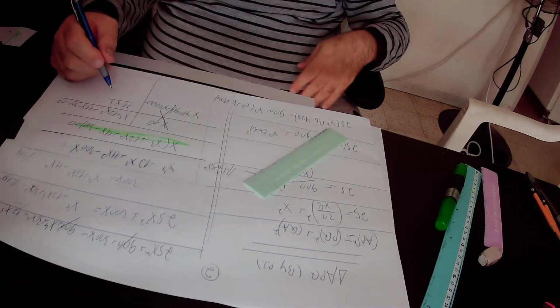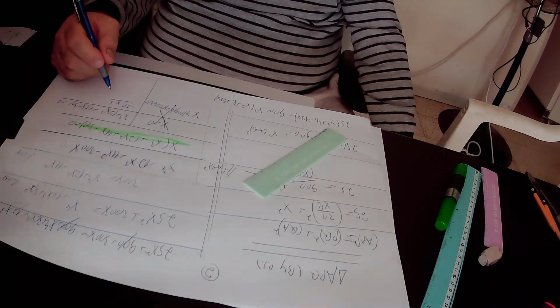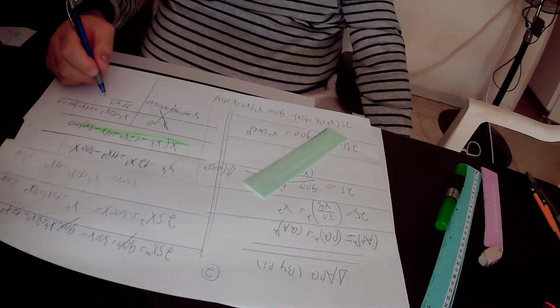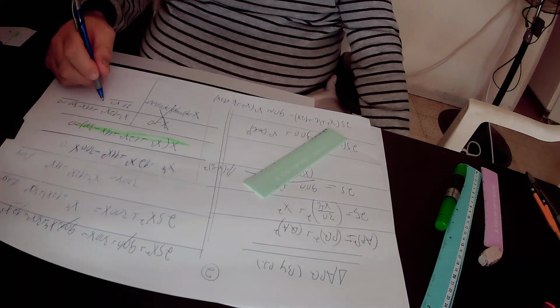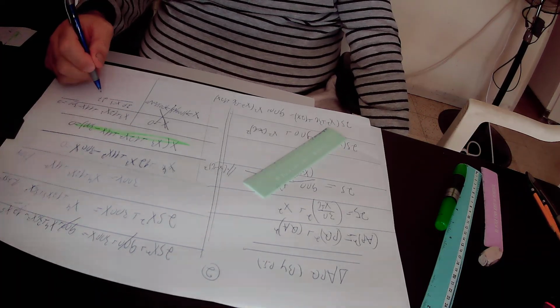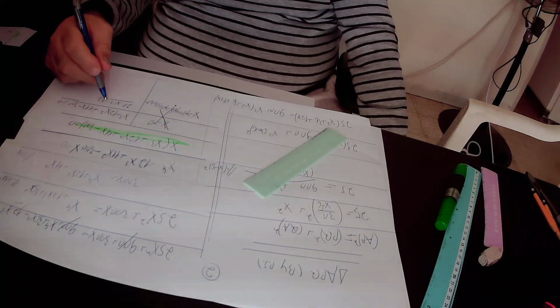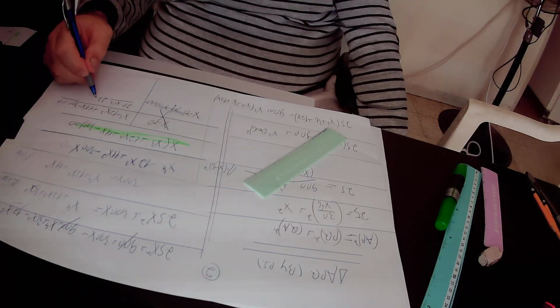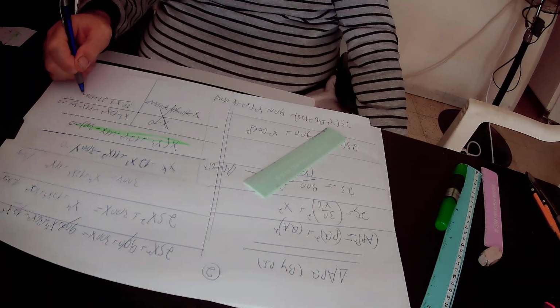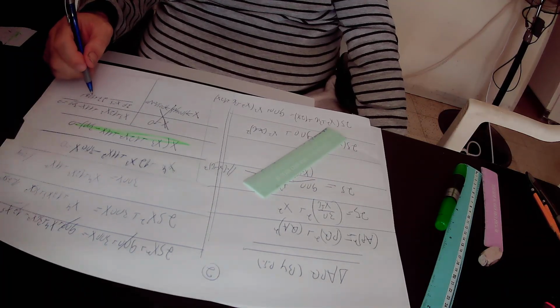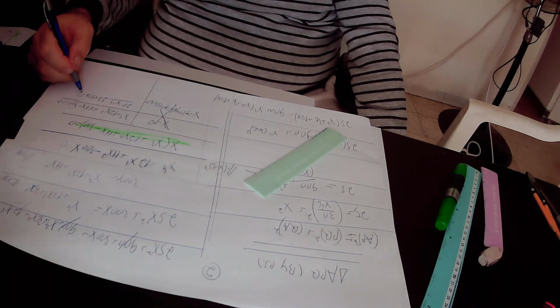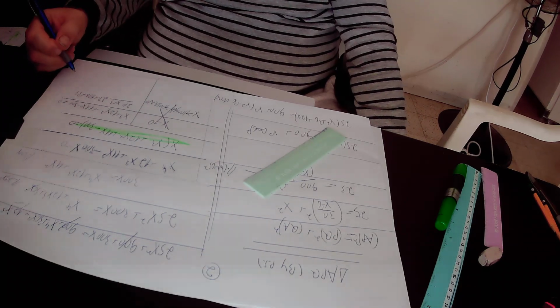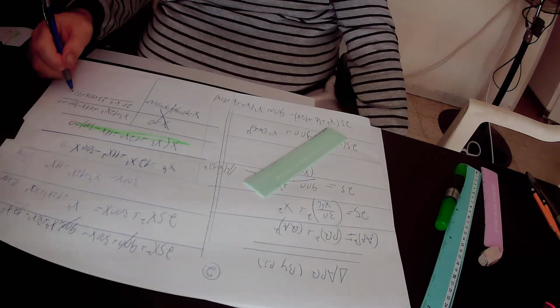X is 3, so x cubed is 3 cubed, that is 3 times 3 times 3, that is 27. Plus 12x squared. X is 3, so x squared is 3 squared, that is 9, and 9 times 12 is 108. Plus 11x. X is 3, so 11x is 11 times 3, that is 33. And minus 300 equals 0.